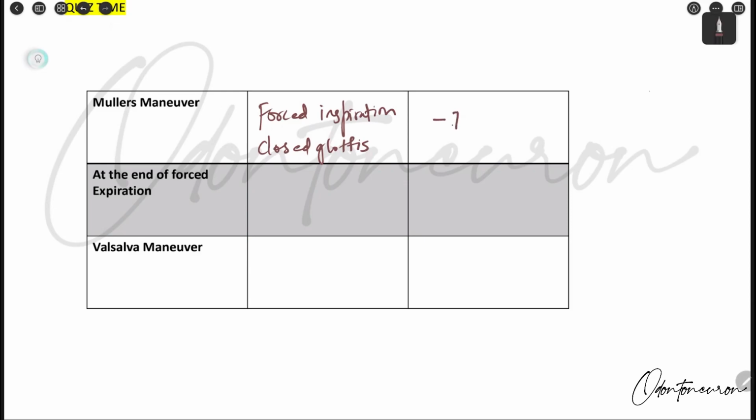How much is it? It's minus 70 mmHg. At the end of forced expiration, how much will it be? It will be around minus 30 mmHg.